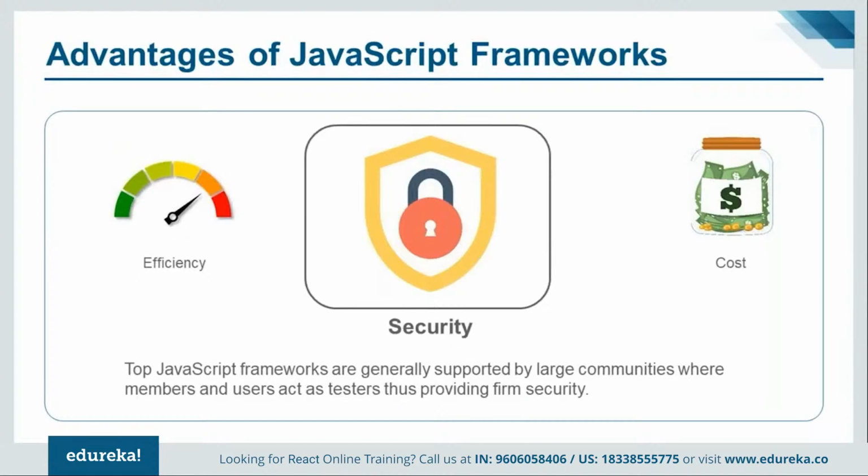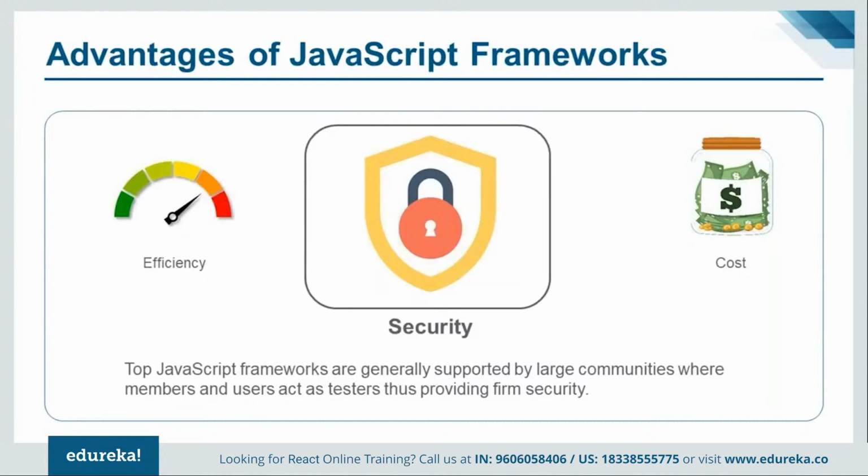The second aspect is security. Whatever JavaScript framework we use, they come with a lot of default security-based implementations, and also different modules which can be integrated with the basic application to build security. Things like authentication, authorization, encryption, cryptography, digital signatures, all these are automatically available in the majority of JavaScript frameworks.